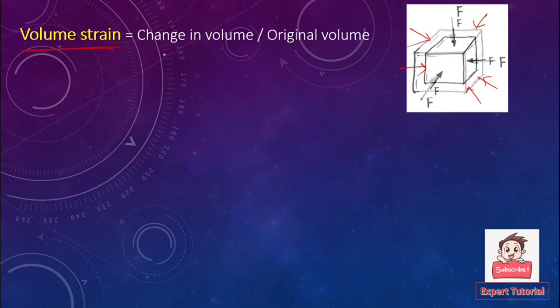Suppose its original volume was V1 and the changed volume is V2. So the change in volume is V1 minus V2, and the original volume is V1. So this will be the volume strain.